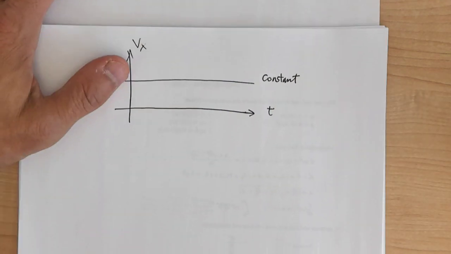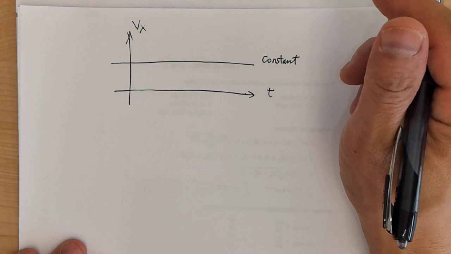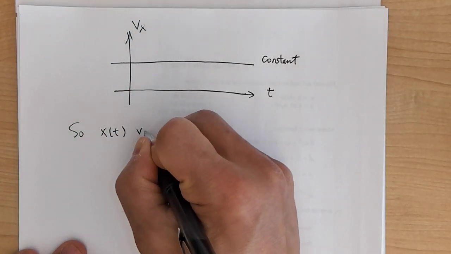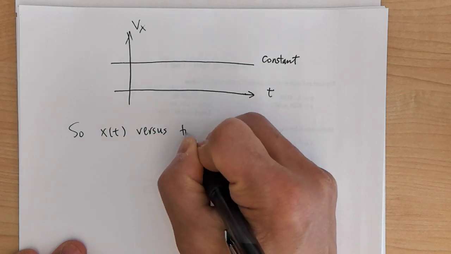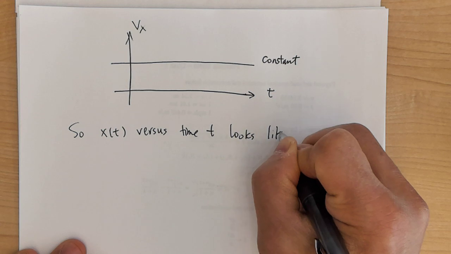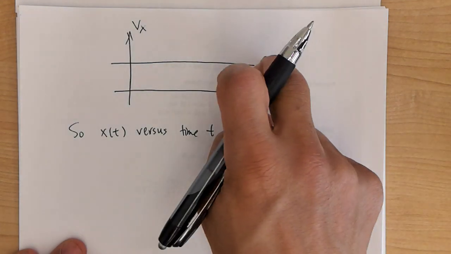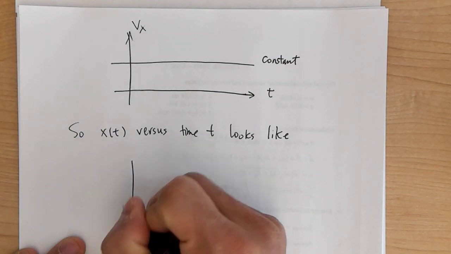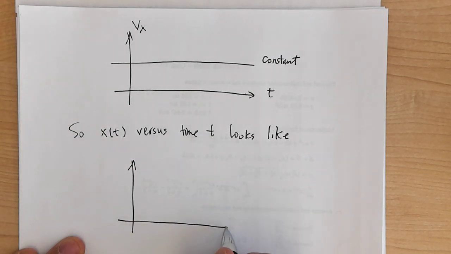Now, if I were to plot the x position versus time, so x of t versus time, we can figure it out. If we have constant velocity, we should have a line whose slope is positive.